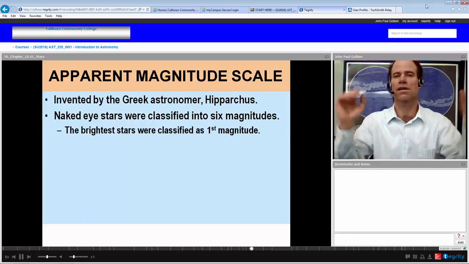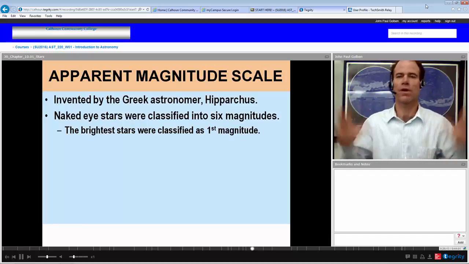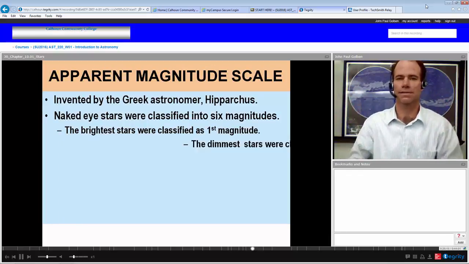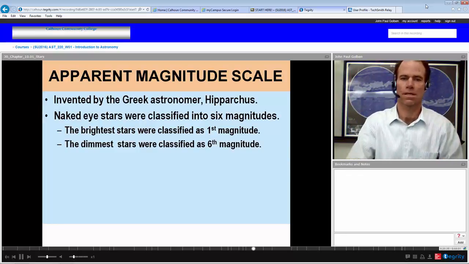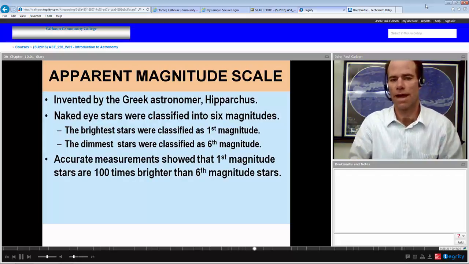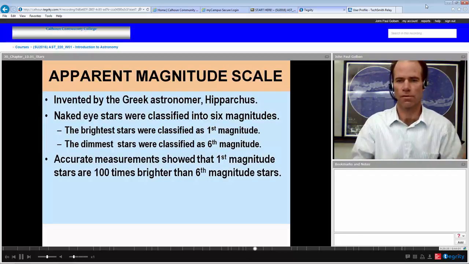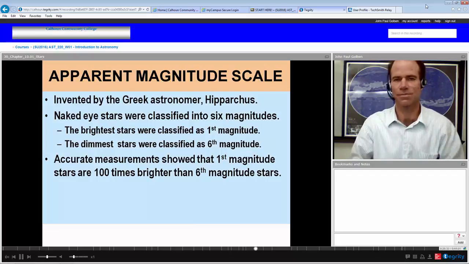The brightest stars in the sky were classified as 1st magnitude. The dimmest stars were classified as 6th magnitude, and all the stars in between were in between. Now it's been shown that accurate measurements show that a first magnitude star was about 100 times brighter than a sixth magnitude star.